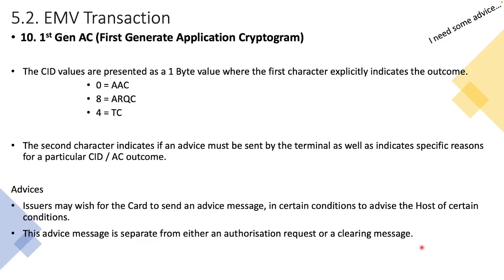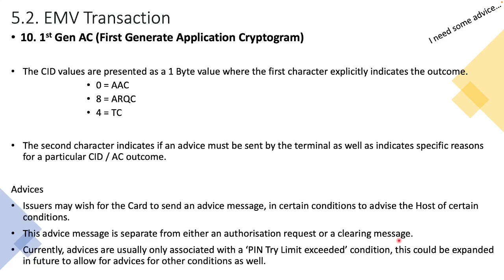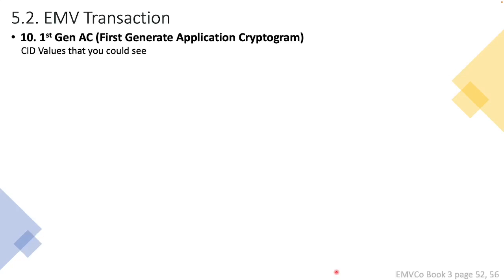It's a separate message sent independently of the auth request, auth response, or clearing message. As it stands right now, it could have changed in the last few months, but as far as I'm aware, advices are usually only associated with pin trial limit exceeded conditions. However, this could be expanded in future to allow for advices for other conditions as well.